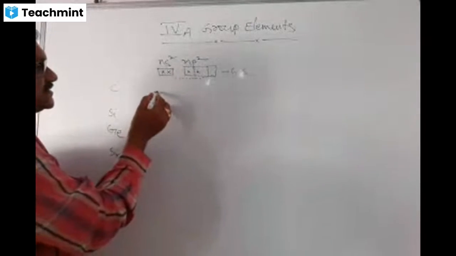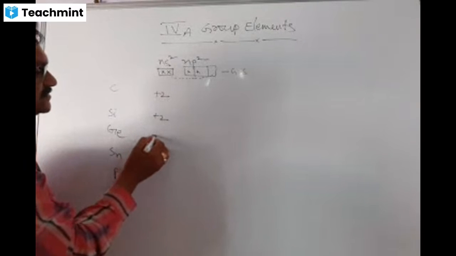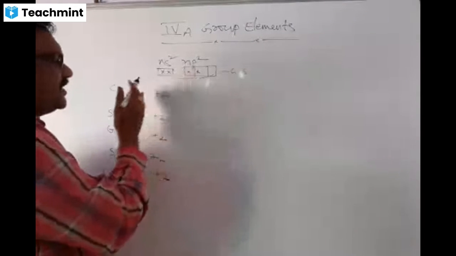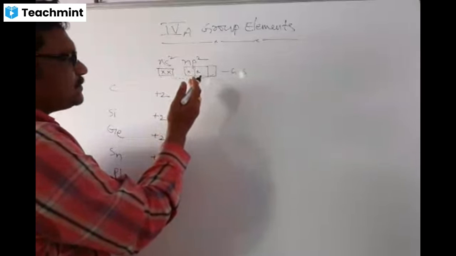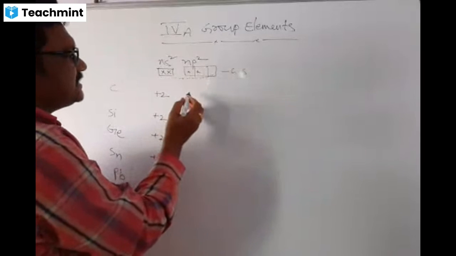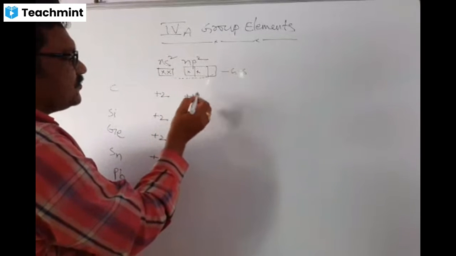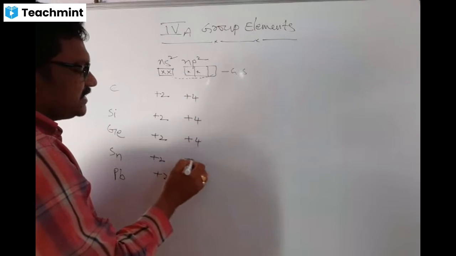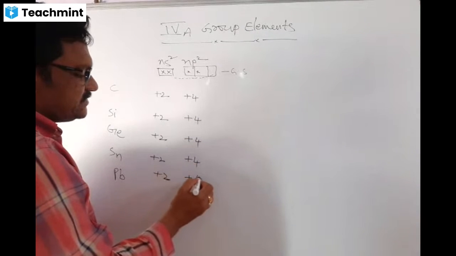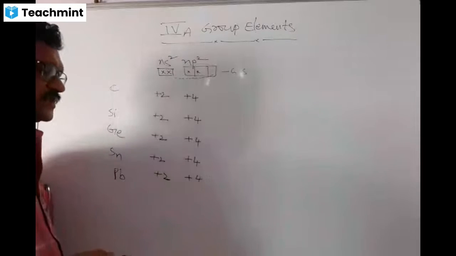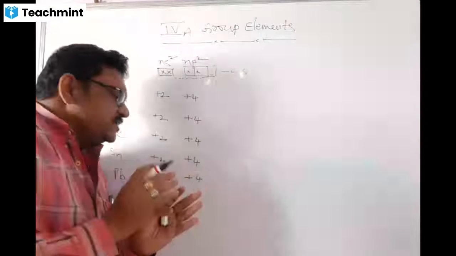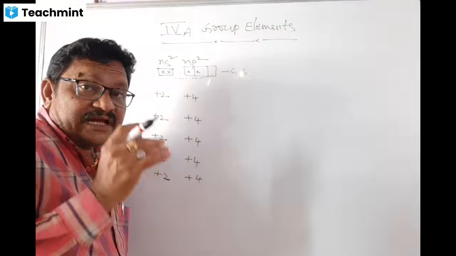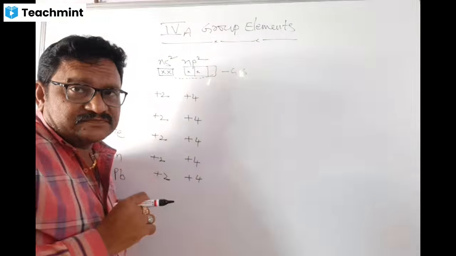In the ground state, all elements exhibit the common oxidation state plus 2. When they participate in the excited state, four unpaired electrons are involved in bonding, and they exhibit plus 4 oxidation. I clearly explained oxidation state under third A group.